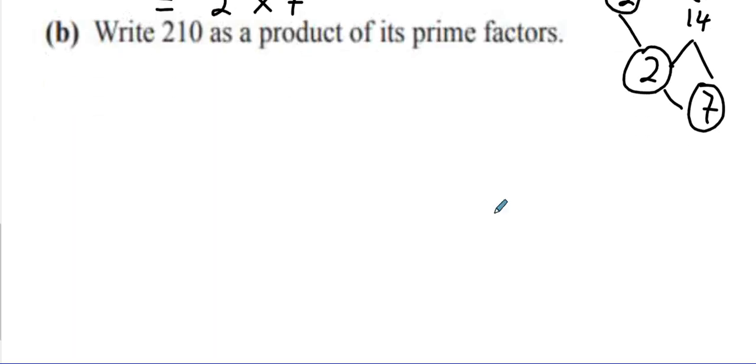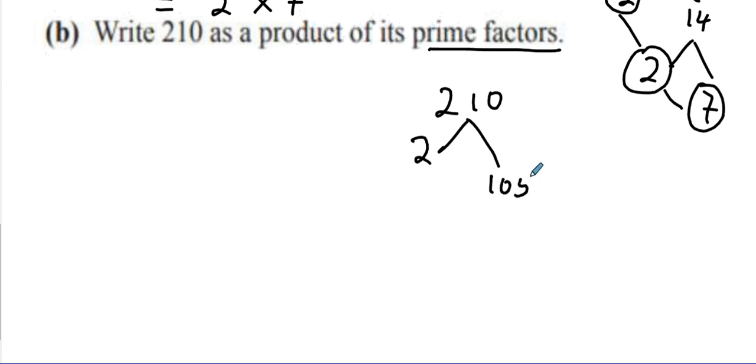Write 210 as a product of its prime factors. You do the same thing. Do a factor tree for 210. This is 2. That will become 210 divided by 2, that will be 105. Let me check, 105 times 2.